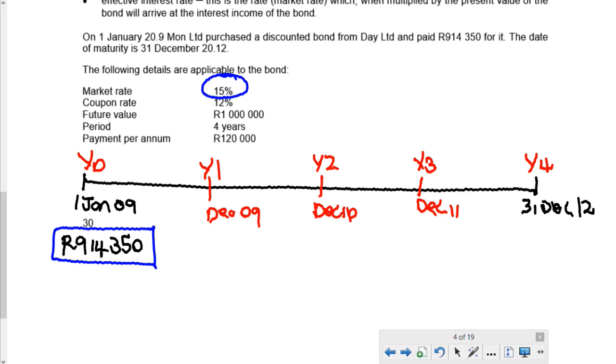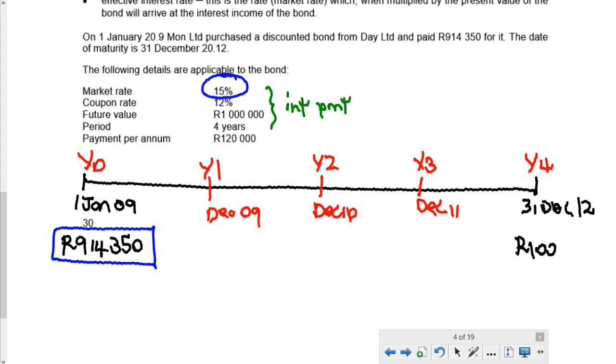Yeah, look. This bond, let's just carry on, pays a coupon of 12%. What a coupon means is that this is the interest payment. Coupon is to calculate your interest payment. So the face value, the future value of the bond is R1,000,000.